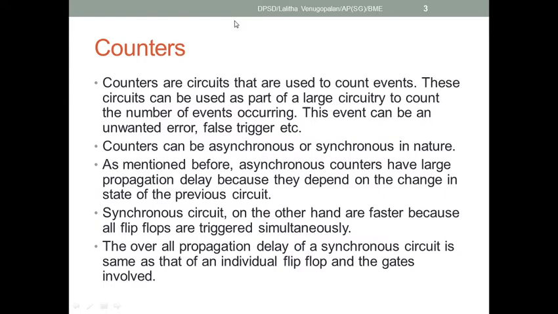Counters can be both asynchronous and synchronous in nature. As mentioned, asynchronous counters will have a larger propagation delay because they depend on the change of state of the previous stage. Synchronous circuits, on the other hand, are faster because all the flip-flops used in a synchronous circuit are triggered simultaneously.